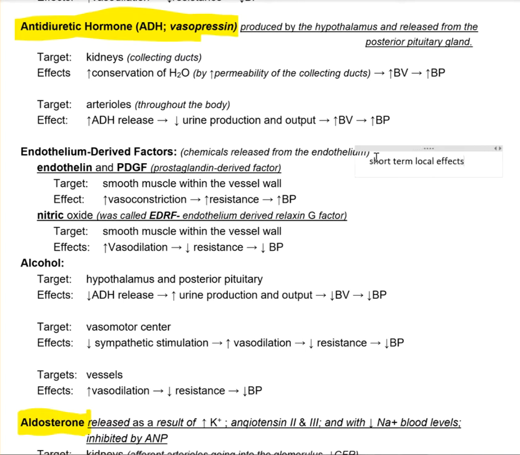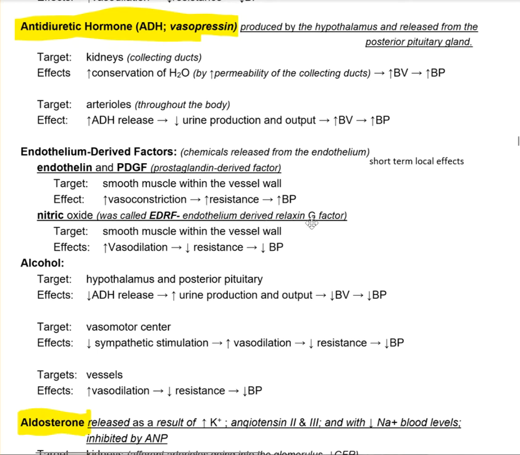So they don't affect the entire body, but they affect vessels locally. There's a couple here: endothelin and PDGF, prostaglandin-derived factor. These target the smooth muscle in the vessel wall, and they vasoconstrict. So they can vasoconstrict locally.